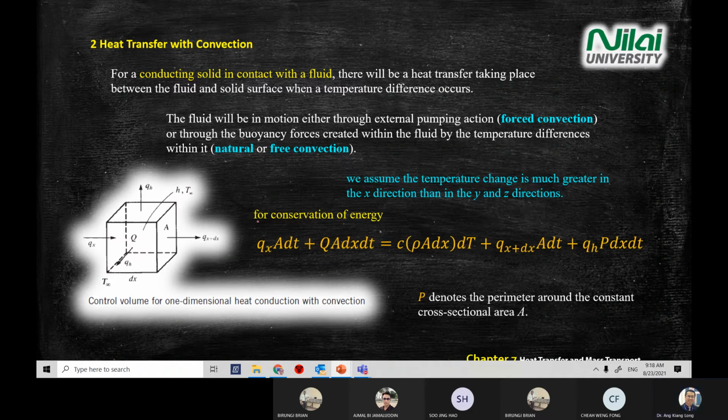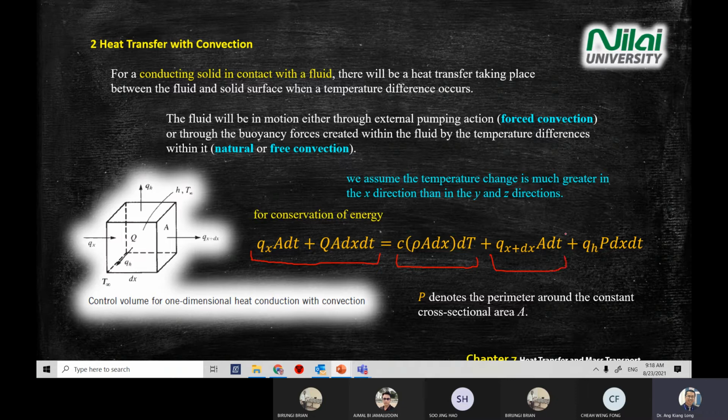So for conservation of energy, I think you're familiar with this equation that we explained just now. On the left-hand side, you see the QX. This one is also conduction. This one is also conduction.